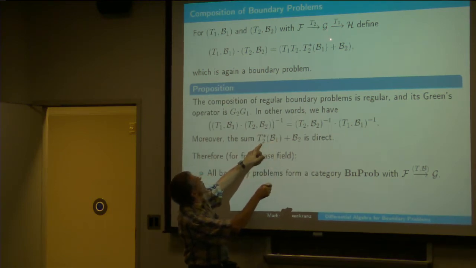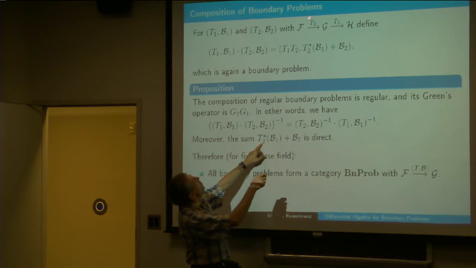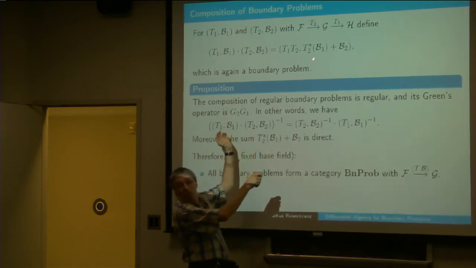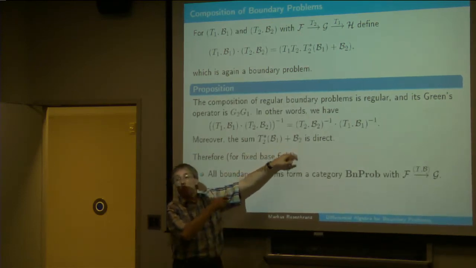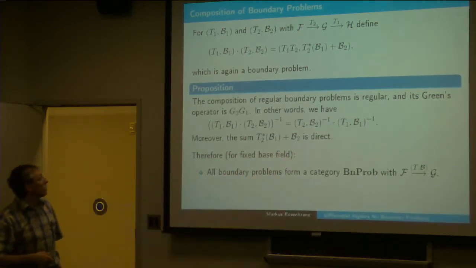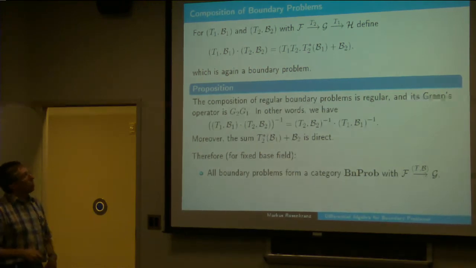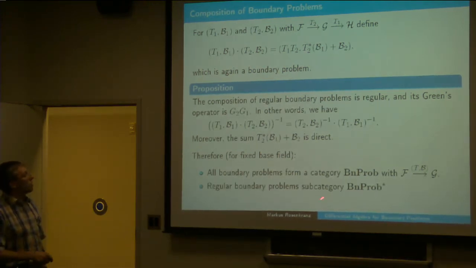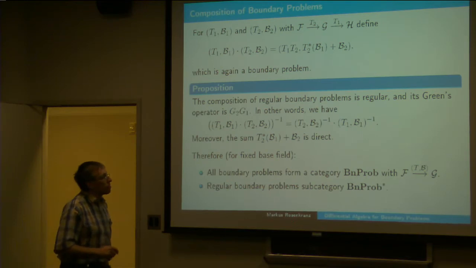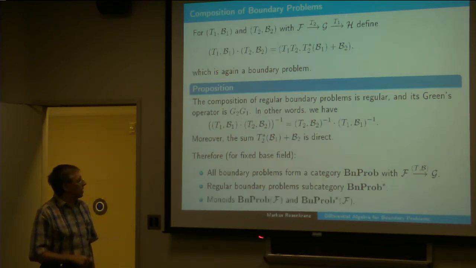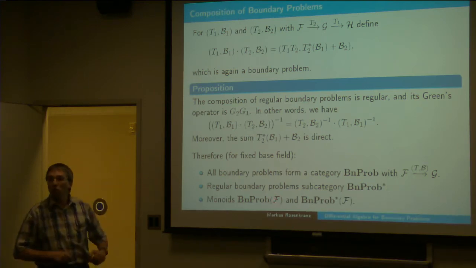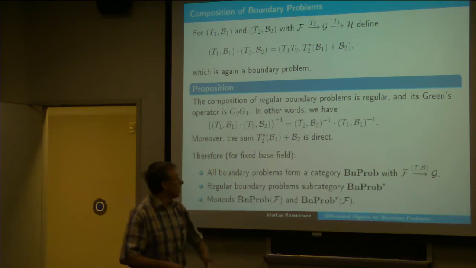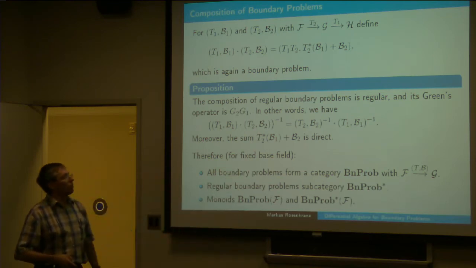But T2 star applied to this will give you a subspace of F, because that's the adjoint operator. So it fits together. You can then add it to B2, which is by definition also a subspace of F star. So you get this category with morphisms being boundary problems, and the regular boundary problems are a subcategory. And as I said, if you consider just a single function space F, then you get a monoid. That's a category with one object, and a sub-monoid for the regular ones.